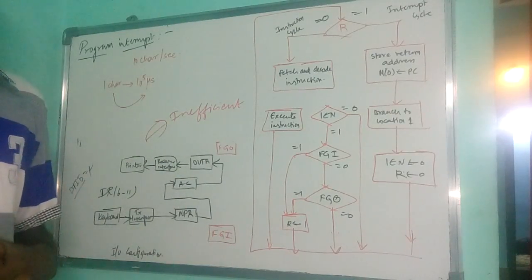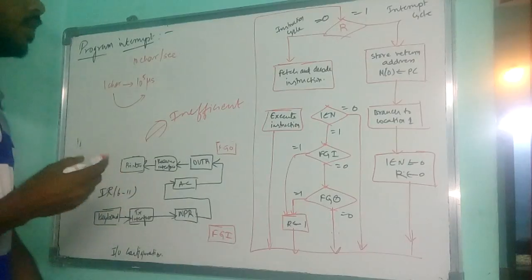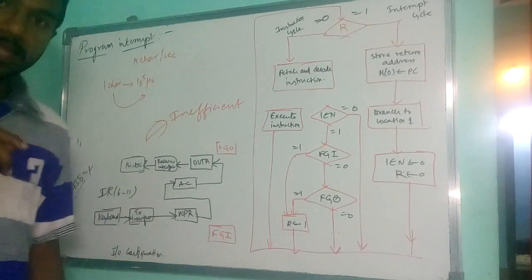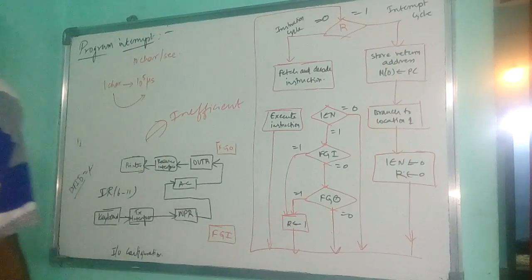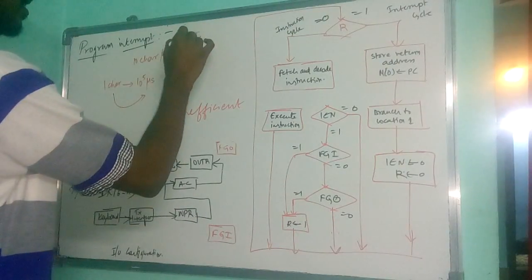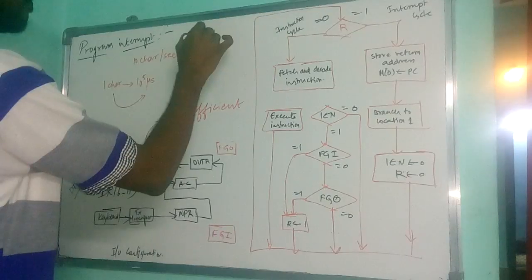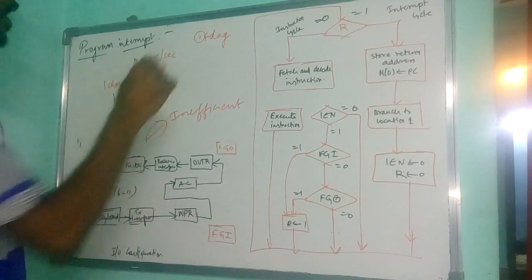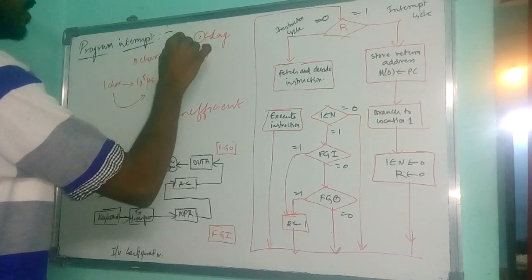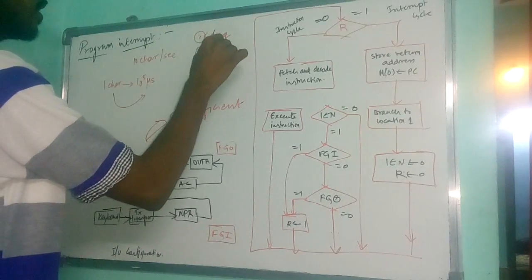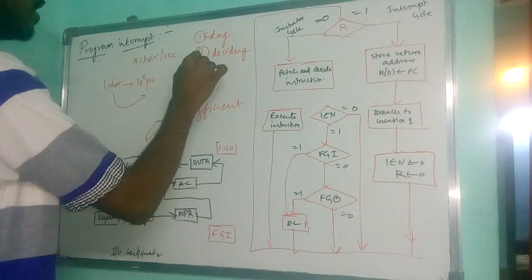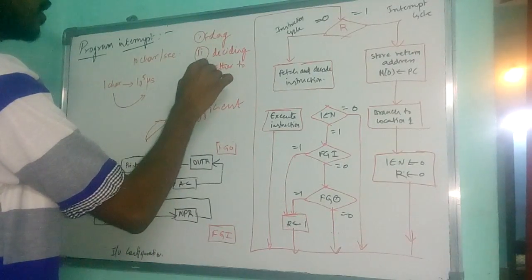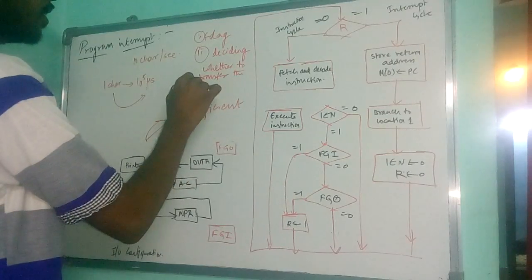In between this, every 10 to the power 5 microseconds, the computer is doing 2 operations. One is checking the flag bits, and the second is deciding whether to transfer the instruction or not.